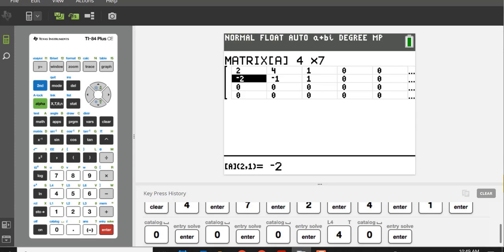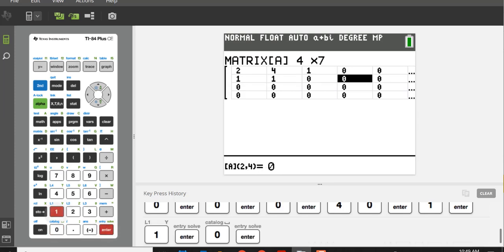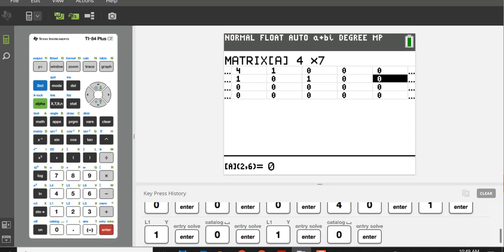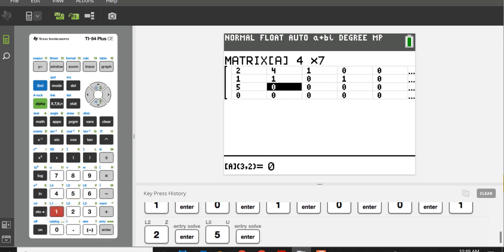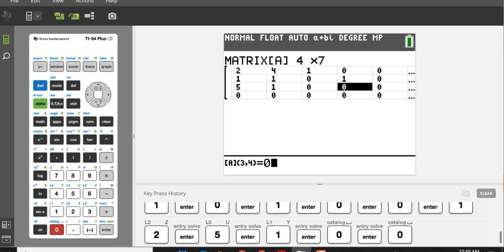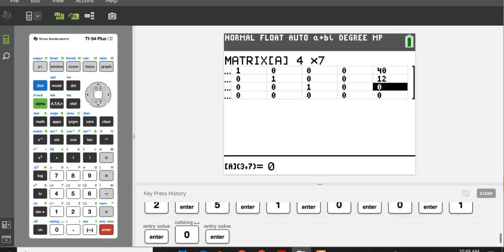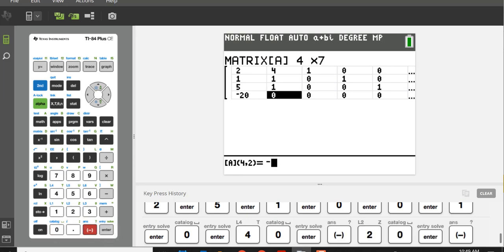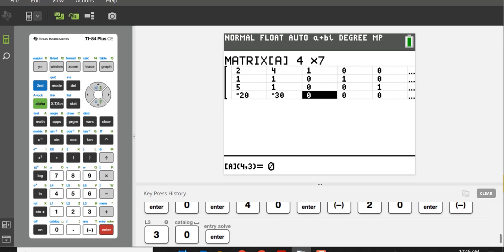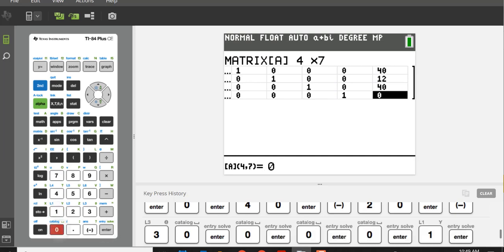All right. 1, 1, 0, 1, 0, 0, 12. 5, 1, and the last row is -20, -30, 0, 0, 0, 1, 0.